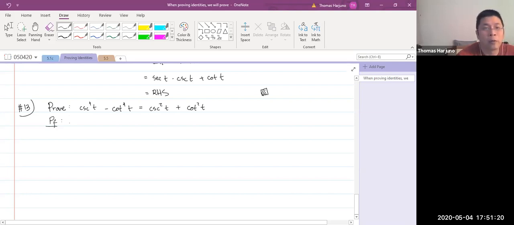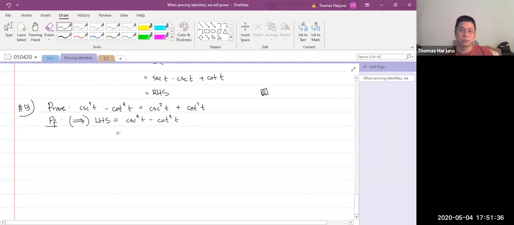Yeah, so I will prove from the left-hand side. This is cosecant to the 4th t minus cotangent to the 4th t. Any idea? I will use difference of squares: x squared minus y squared equals x plus y times x minus y.